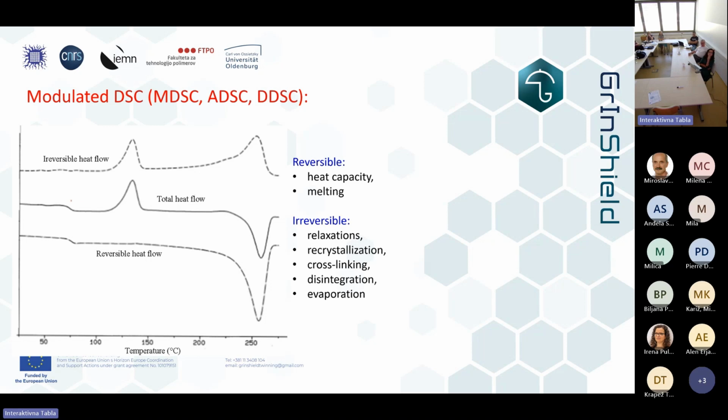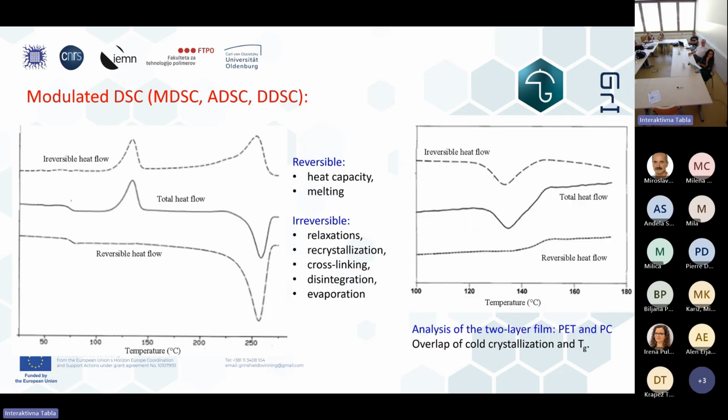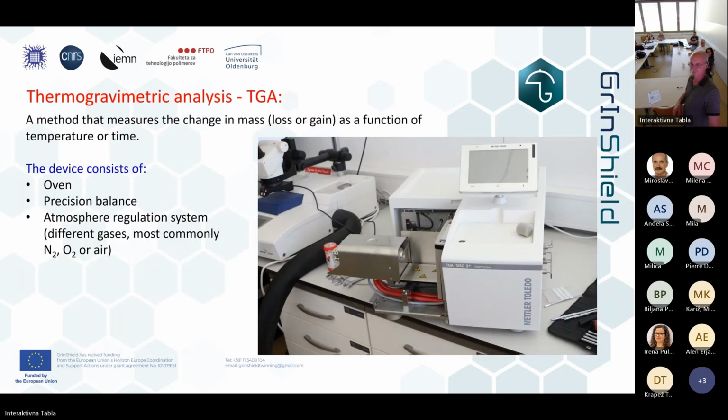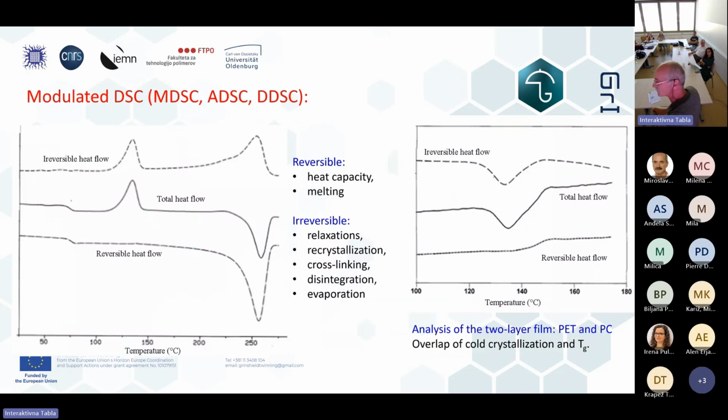For example, here we see glass transition temperature and melting and recrystallization as well. There is a two-layer film of PET and polycarbonate, and here we see total heat flow in the middle, and we see there is a difference between the flat area before and after this peak, which tells us that there might be some glass transition temperature because of the steep change.